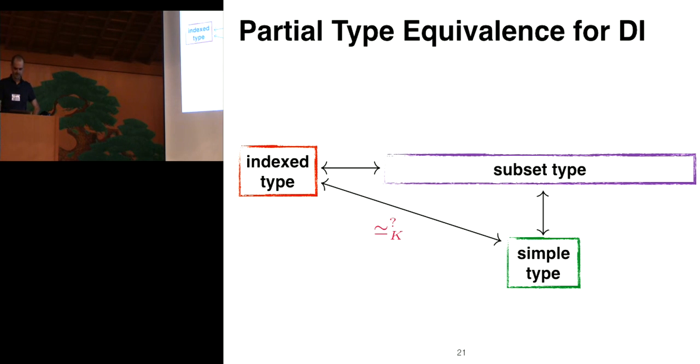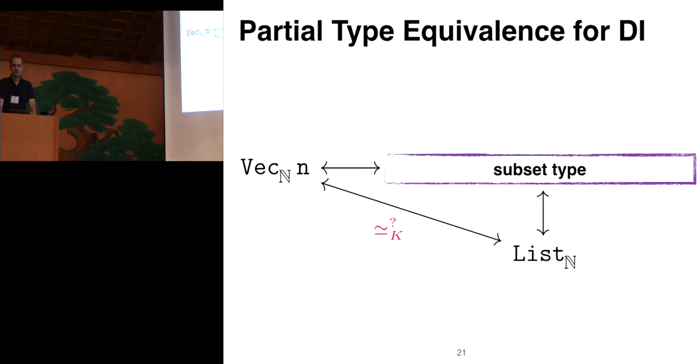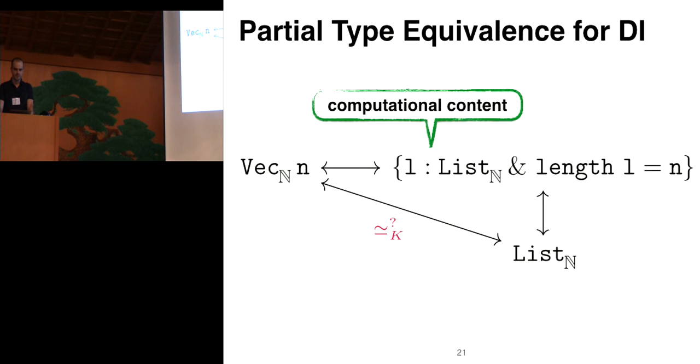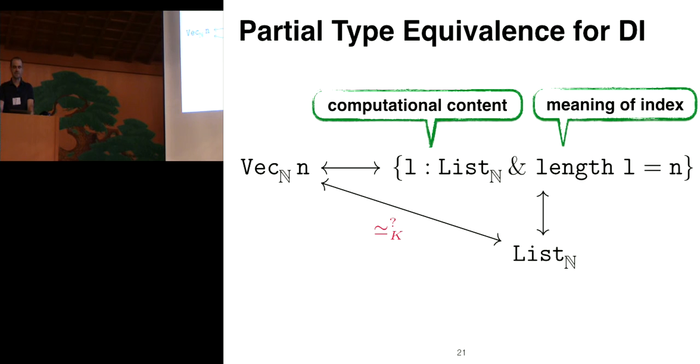Index type here is like our vec n. And here list, and we go through a subset type that basically separates the computational content from the logical invariant of the structure, right? The logical property. The meaning of the index, right? Because when you say vec n, well, n could actually be representing different things, not necessarily the length of the list.